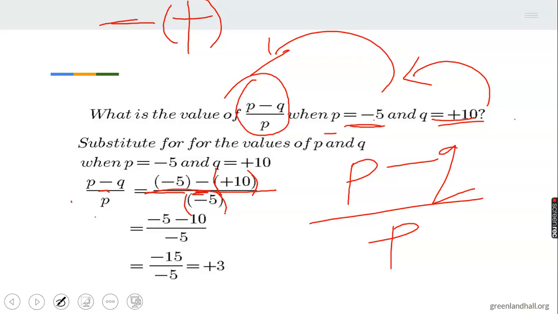When you remove this bracket, the sign inside the bracket will change from plus to minus. When you are using negative outside, the plus inside will turn to negative. If it is minus, the minus inside will turn to plus. You can see when you remove the bracket, the plus inside has turned to minus.